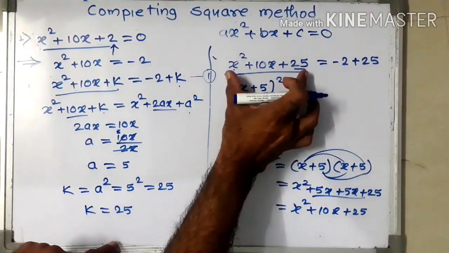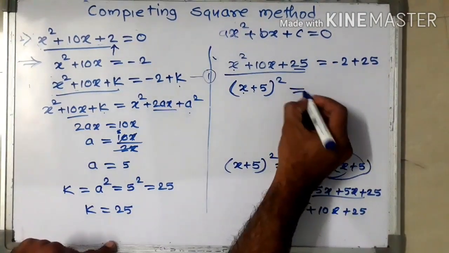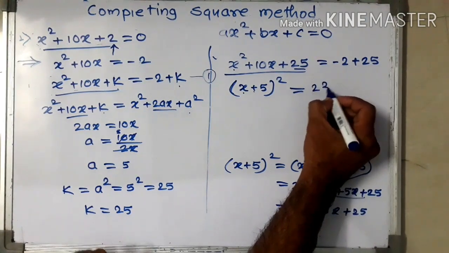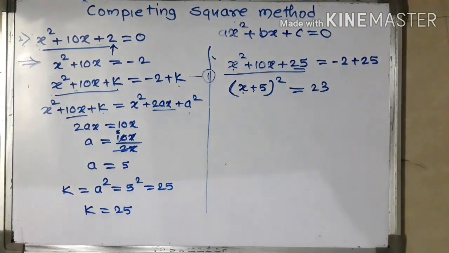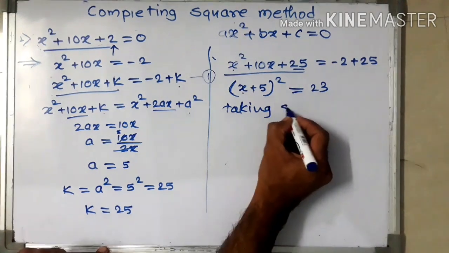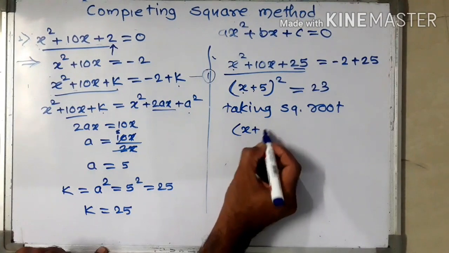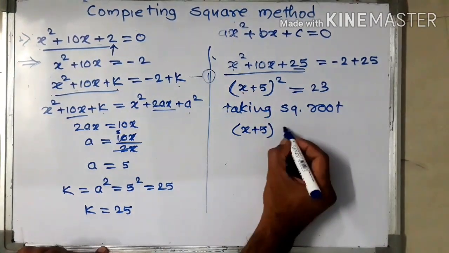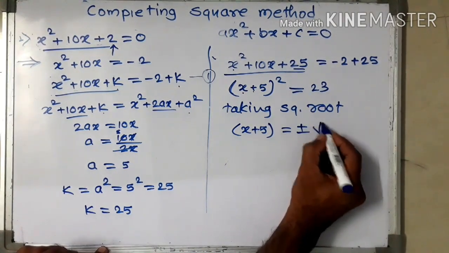So we can write that polynomial as (x plus 5) whole square. Here 25 minus 2 is 23. By taking the square root, the root of (x plus 5) whole square is x plus 5, equals the root of 23, which is plus or minus root 23.